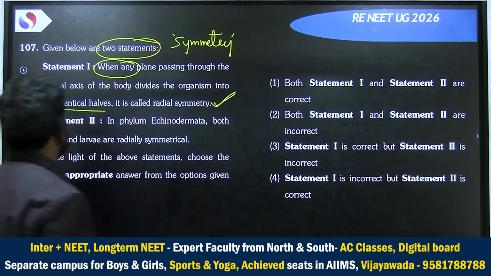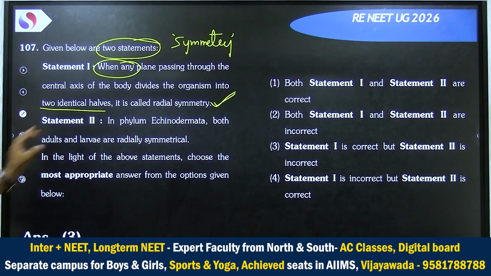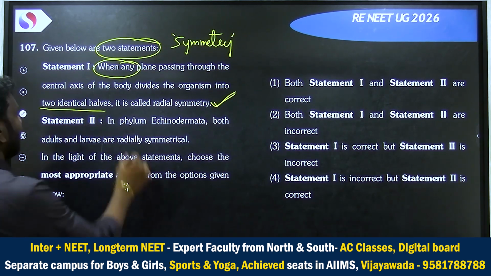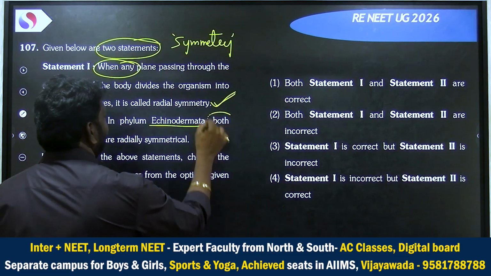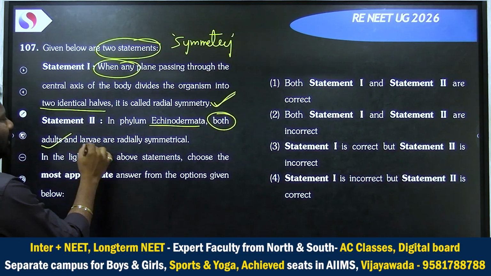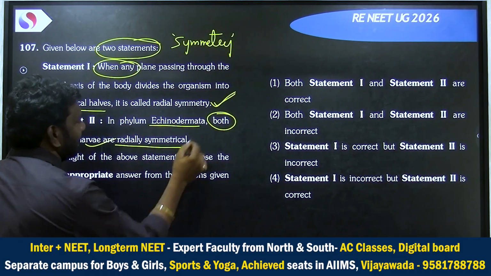The first statement is true. Statement 2: in phylum Echinodermata, both adult and larva exhibit radial symmetry.